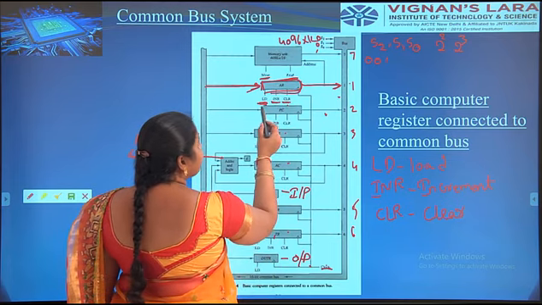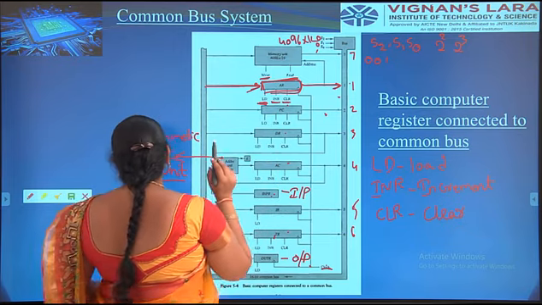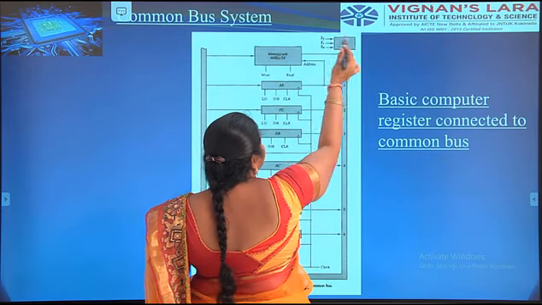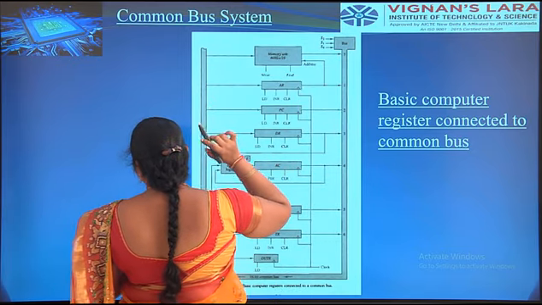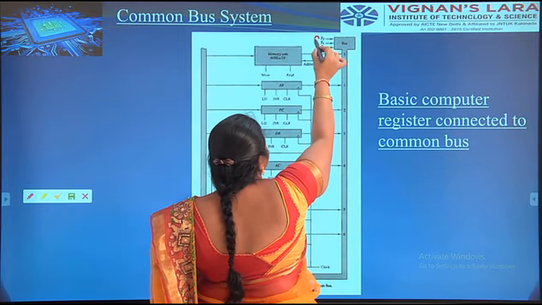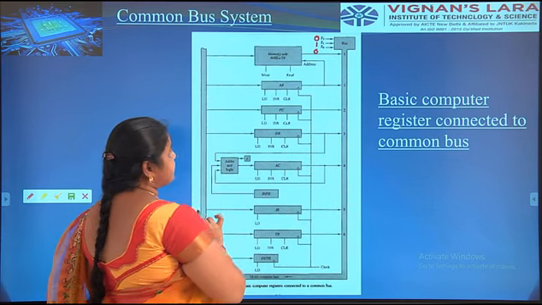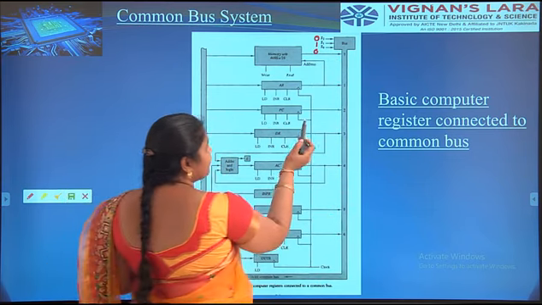Here also the program counter. For example, you have to take 2 as an input: 0, 1, 0, which means 2. That is a 3-bit representation. Here 2 means program counter.